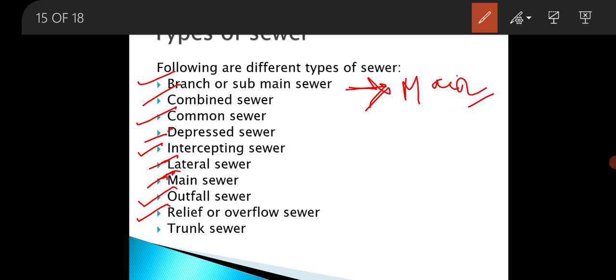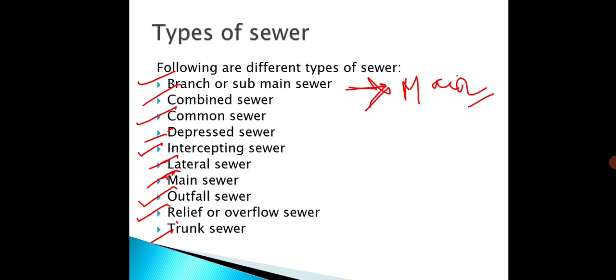The sewer which is used to carry the excess discharge from an existing sewer is known as a relief sewer. Then trunk sewer. Trunk sewer obtains its discharge from two or more main sewers. So these are different types of sewer.